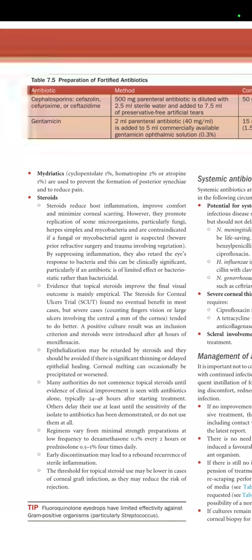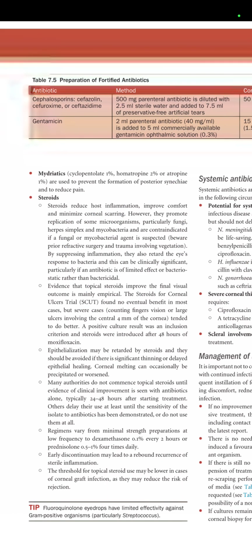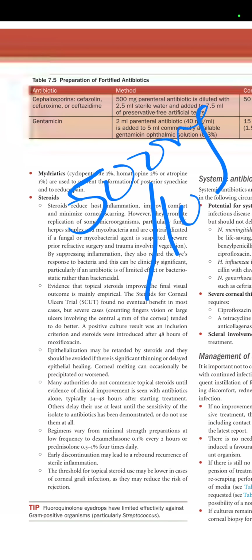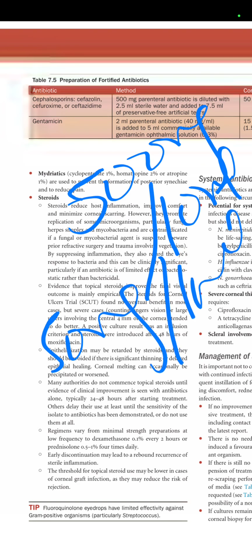So basically we are giving 500 milligrams into 10 ml, that means 50 milligrams in 1 ml, and that makes it 5%.